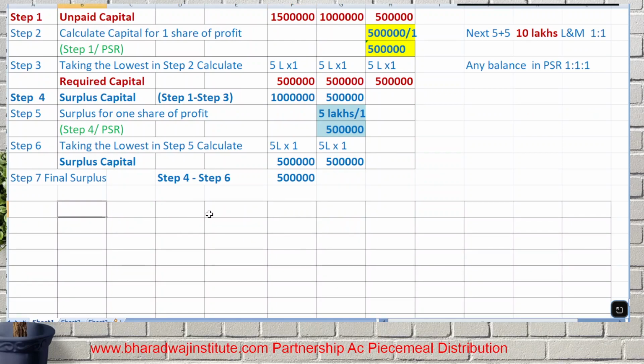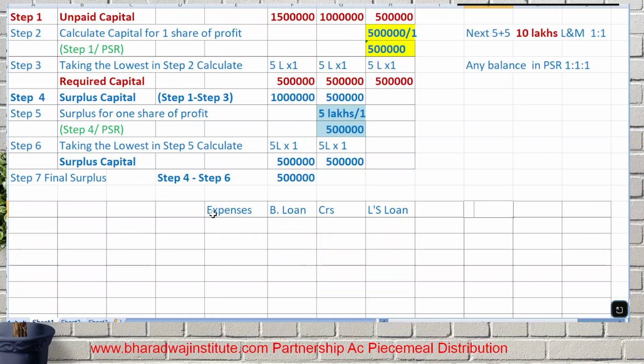Okay, who are the parties to be paid? Bank loan, creditors, C's loan, L's loan, then the capital accounts of partners. Who are the partners?